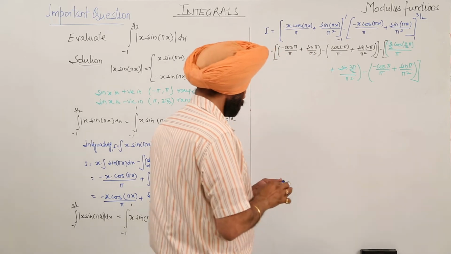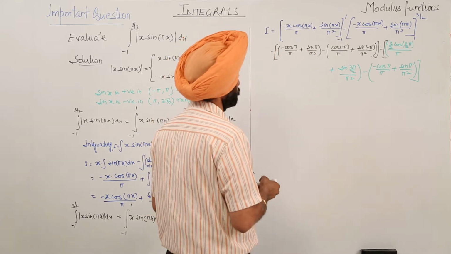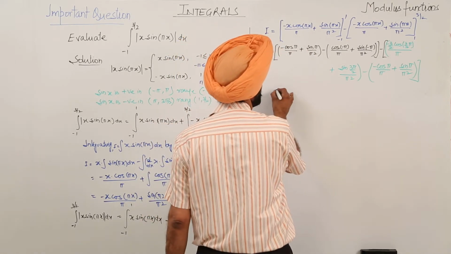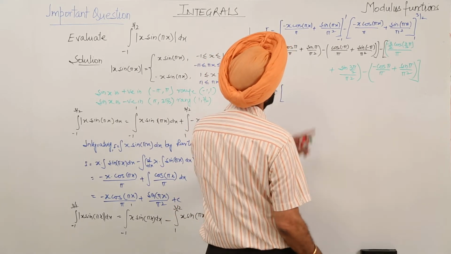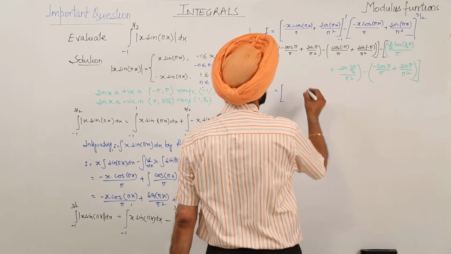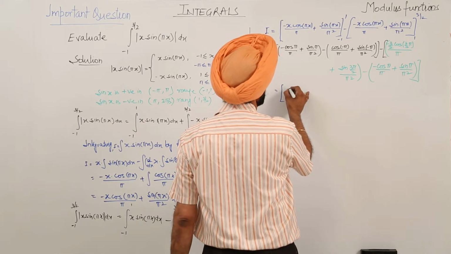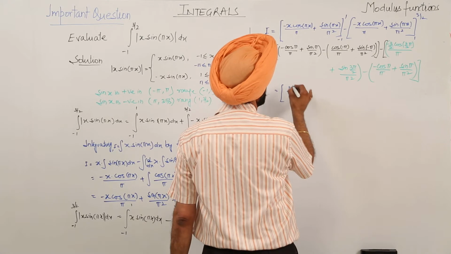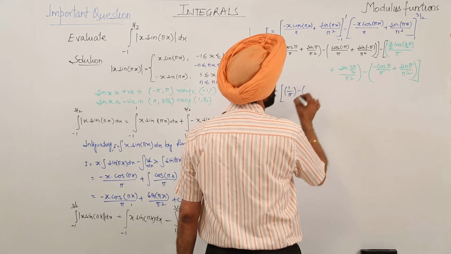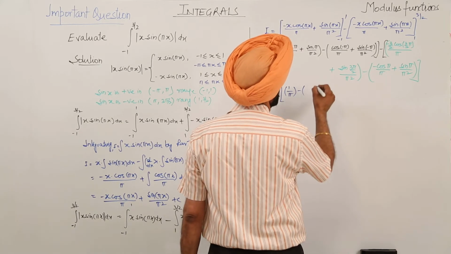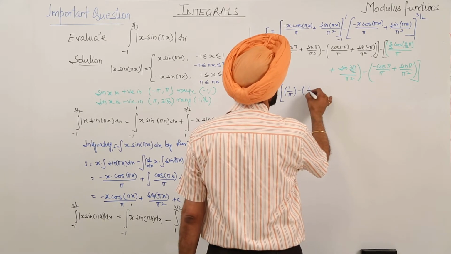Now this becomes, sin pi is 0 and cos pi is minus 1, so 1 upon pi, minus 1 upon pi.